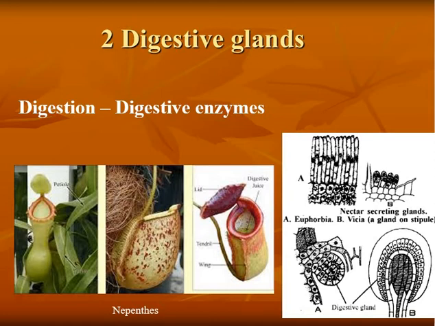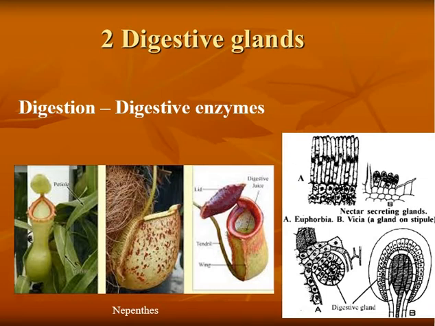Though nitrogen is present in the environment, plants are not capable of taking nitrogen directly. So often plants get nitrogen from symbiotically growing microorganisms. And another method of nitrogen capturing is by capturing nitrogenous insects.